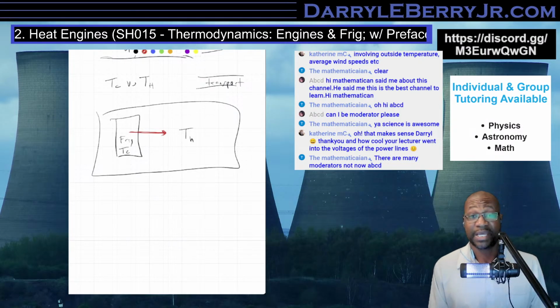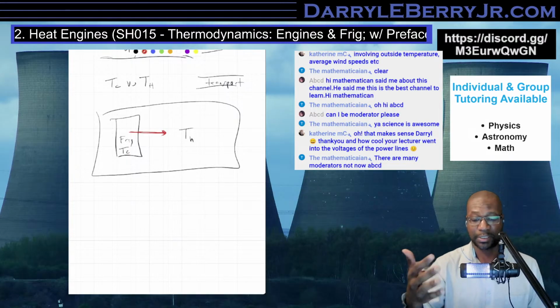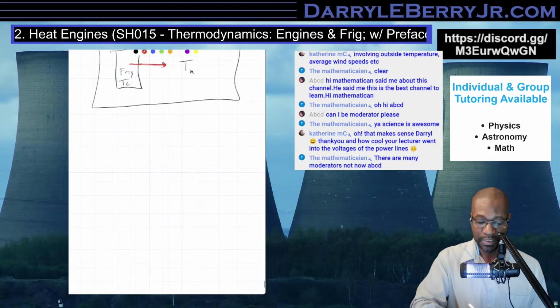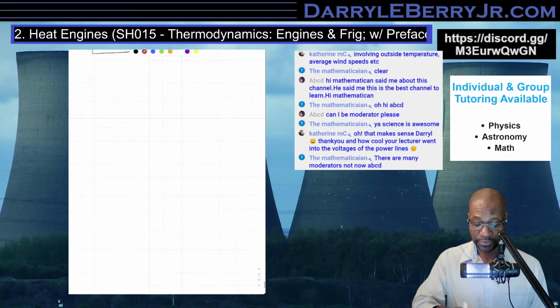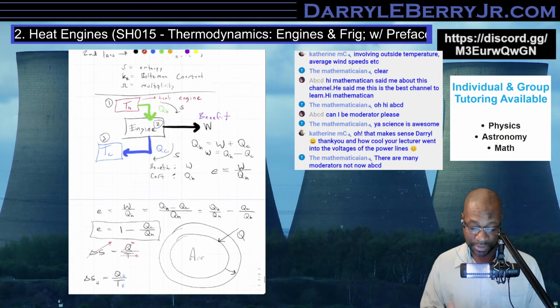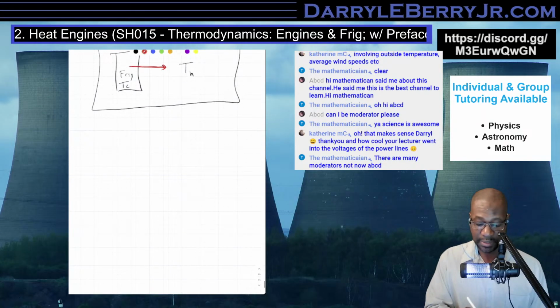So in this case, the engine has to do the reverse. It has to pull heat from something that's already cold and dump it to something that's relatively hot. If I was to draw this process, I'll start this on a new page and try to keep the same setup.